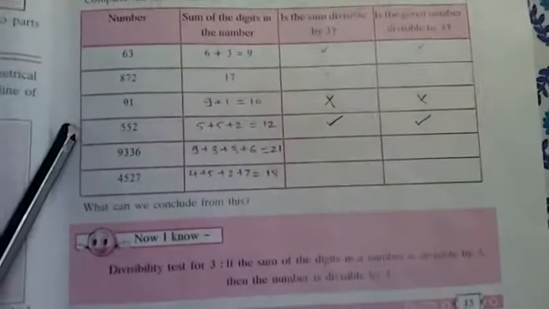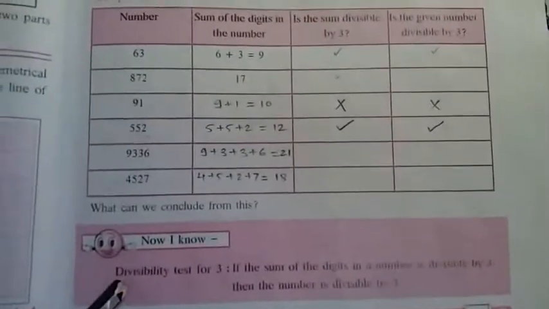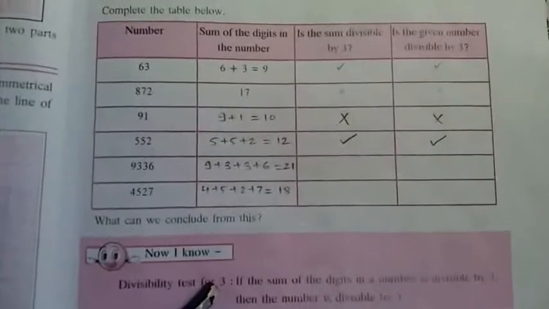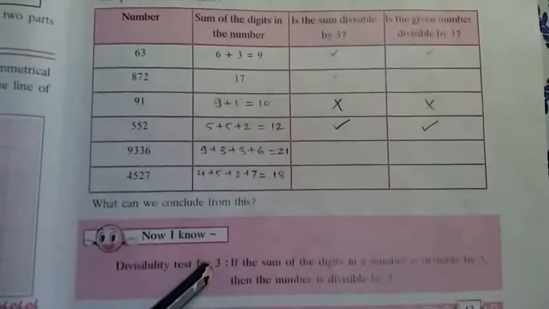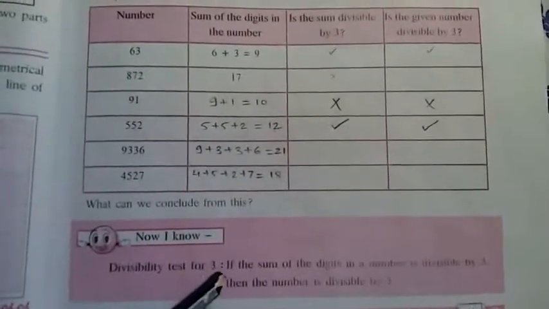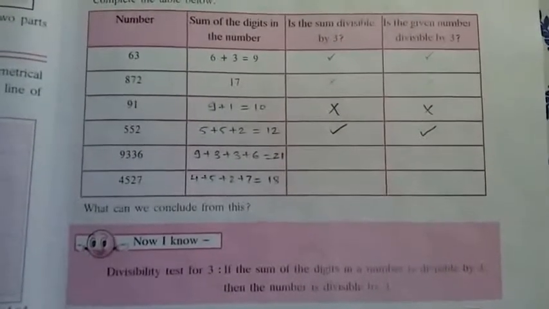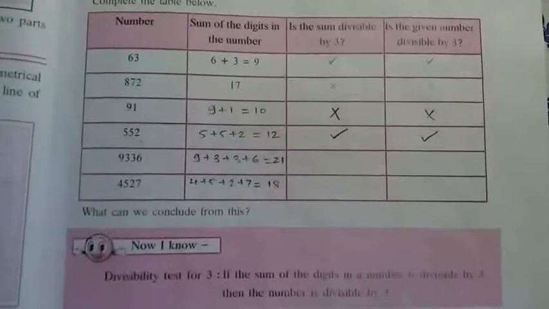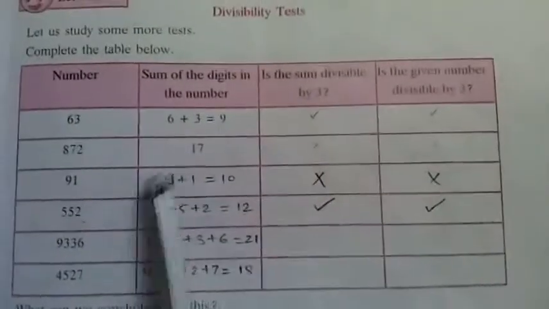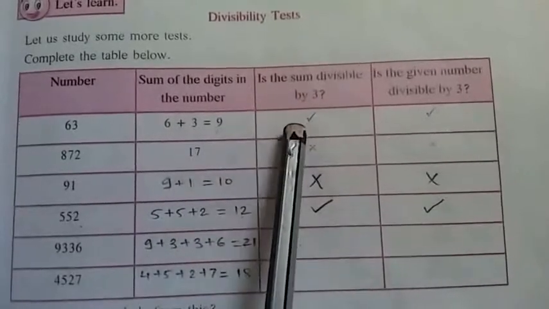Now, from this table, we conclude the divisibility test for 3. What is the divisibility test for 3? If the sum of the digits in the number is divisible by 3, then the number is divisible by 3. Now, you can observe here. Sum is divisible by 3? Yes.